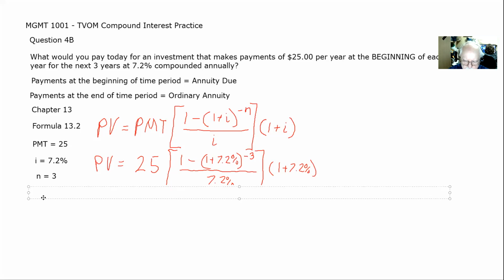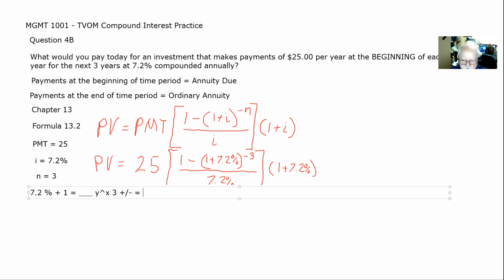I'm going to start with 7.2, hit the percent key, plus 1 equals. See what that is. Don't take it out of your calculator. Then y to the x, 3, but it's got to be a -3, so we've got to hit the plus minus button.